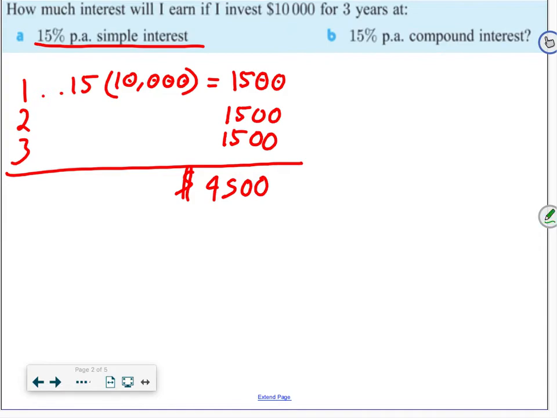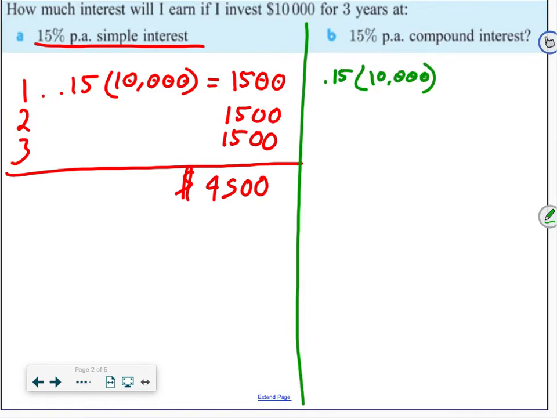Well, now let's consider compound interest. We're going to take 15% of our 10,000, and again the first year is going to be the same. But we're going to add that to our original investment. Then we're going to take 15% of that.